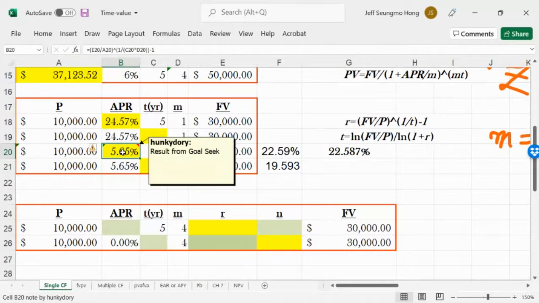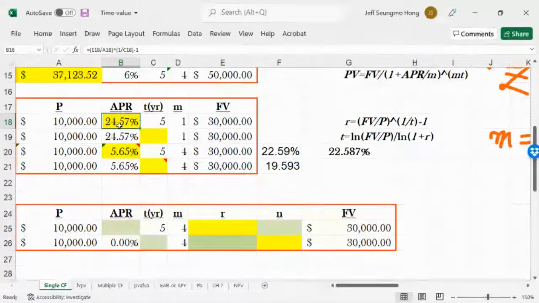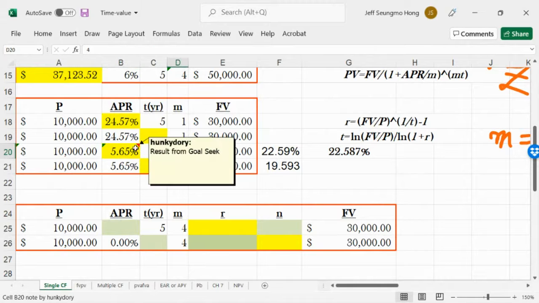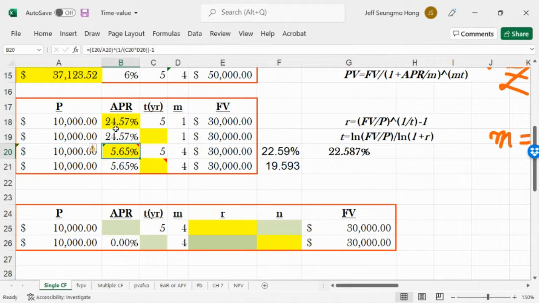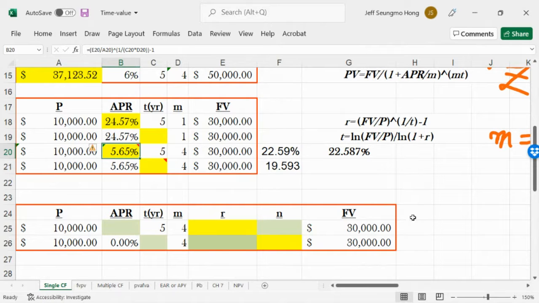Think about it. By any common sense, if under annual compounding the APR is 24.57, almost 25%, then if it is quarterly, it will be a slightly smaller number, maybe 23%, 22%, but it won't be like this. What this means, no, we're not using Goal Seek.